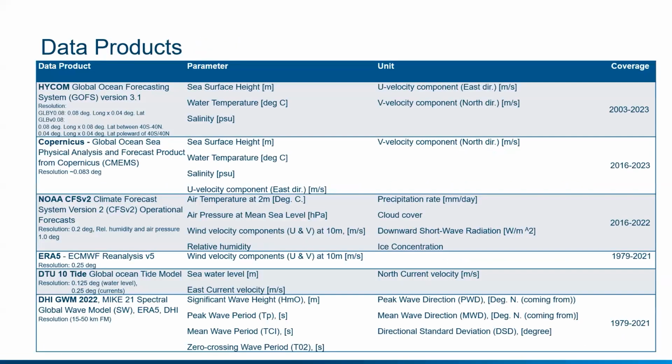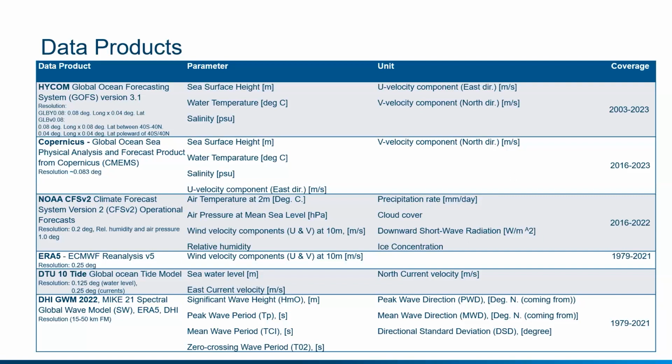I won't go through this, but we will just leave this on the screen for a moment. And these are the data products which are within the tool. So we have HICON data from 2003 to 2023, generally in a 3-hourly resolution.